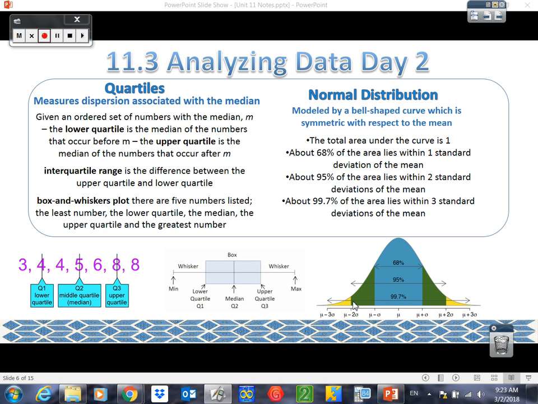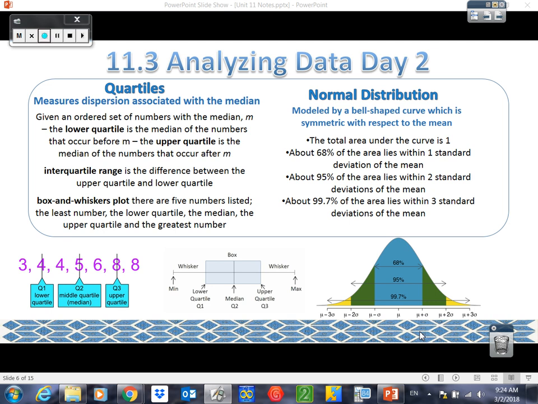If we go 2 standard deviations from the mean, so that would be here and here, 95% of the data, or people surveyed, would be within 2 standard deviations of the mean. Then we get farther out to 3 standard deviations. 3 standard deviations of the mean would account for 99.7%. I mean, we're talking the vast majority would be within 3 standard deviations of the mean.